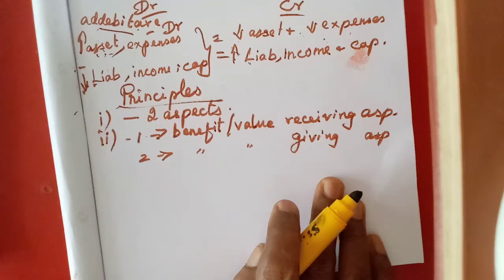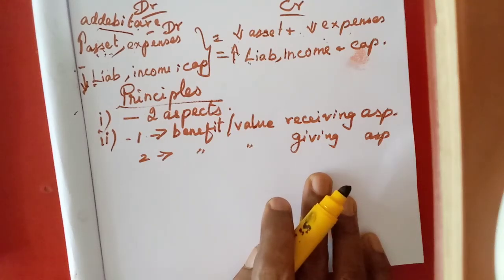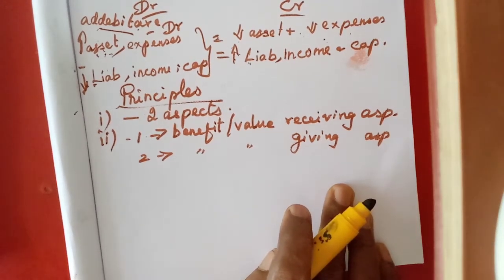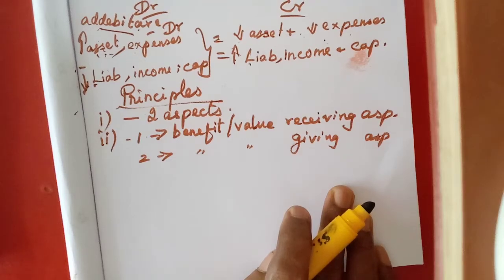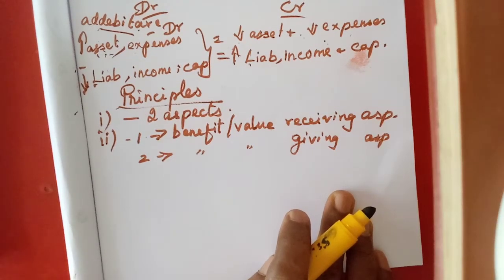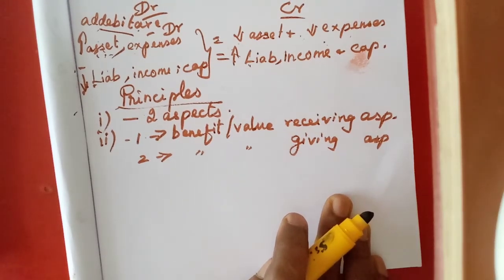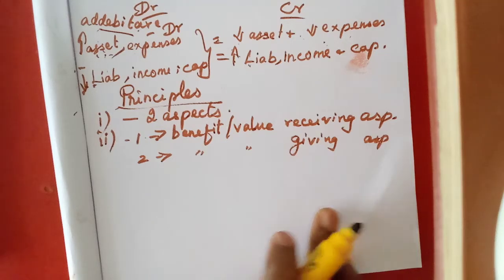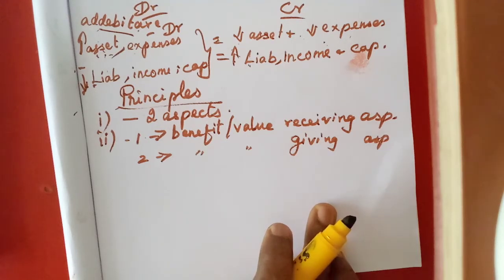So not only goods, anything. One aspect may be a thing, or an idea, or a service. So when we receive goods or a product, or a thing, or a service, or an idea, we need to pay something. When we receive something, we pay something also.